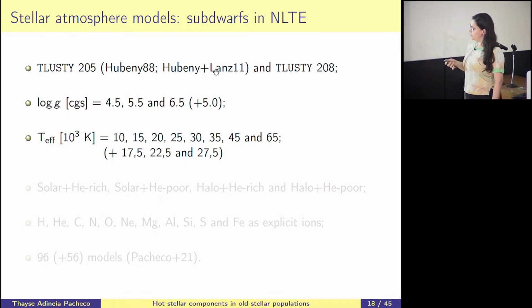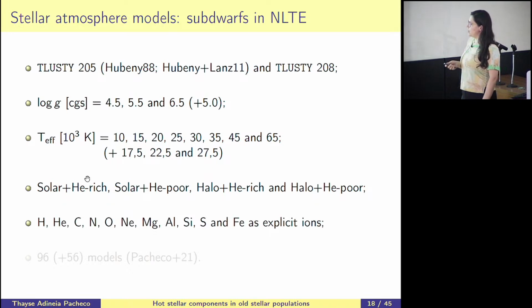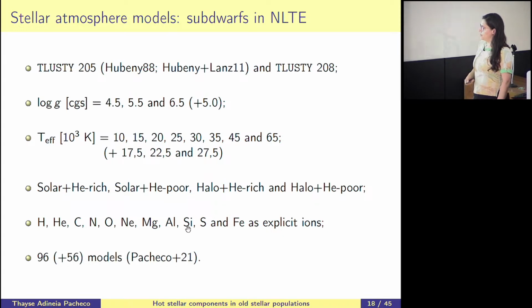And we have this parameter space of log g and effective temperature. We have 4 chemical abundances, and we include all these elements as ions to contribute to the opacity of the atmosphere. And at the end, we have 96 published models and 56 additional models to be published soon.